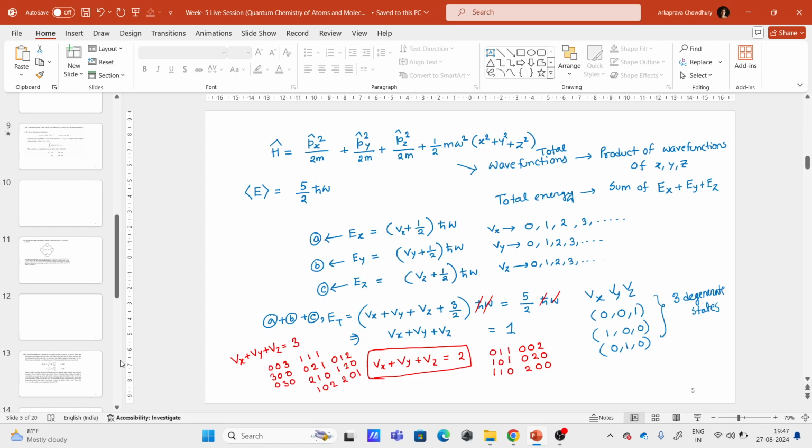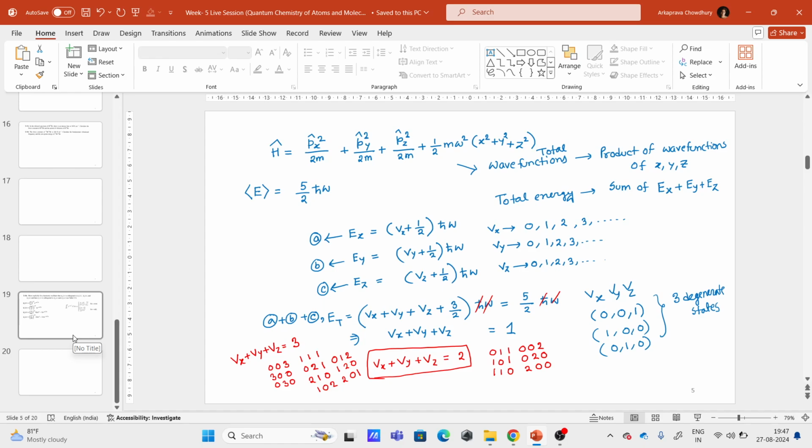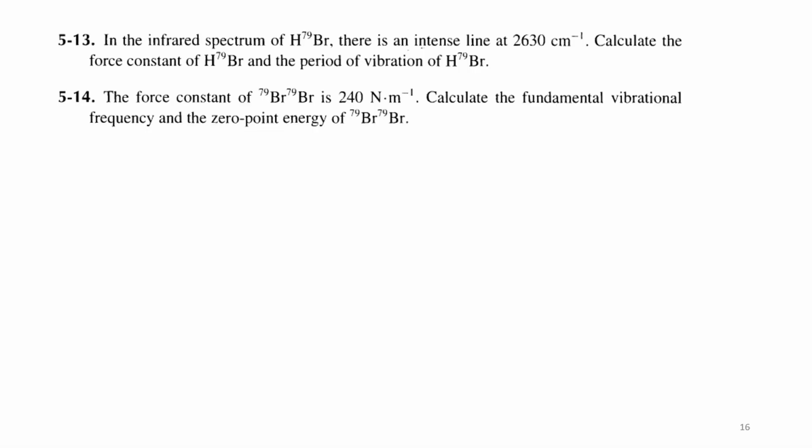So as we were discussing the harmonic oscillator, let us actually solve one or two harmonic oscillator problems, and then again we can go back to the usual particle in a box problems, right? So these questions are also from Macquarie. Macquarie is physical chemistry.